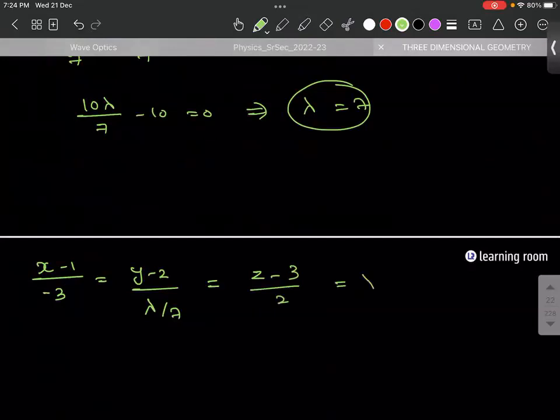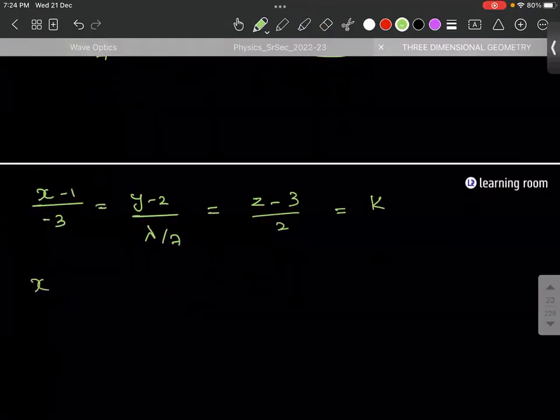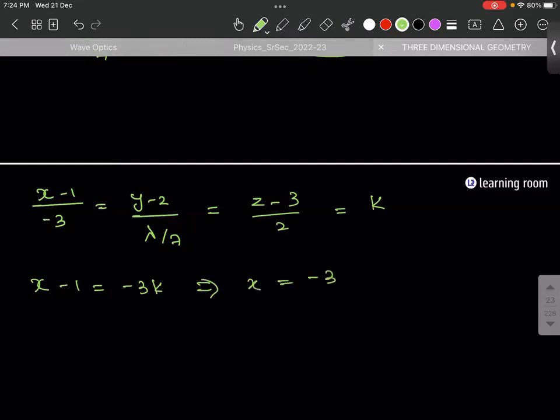I'll call it some k. Then what is the value of x minus 1 equal to? It is minus 3k, which implies x is equal to minus 3k plus 1. What about y?